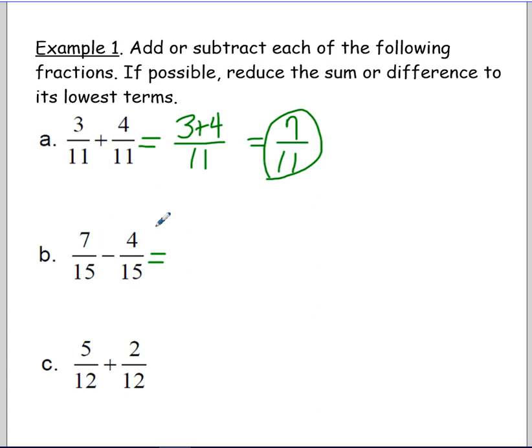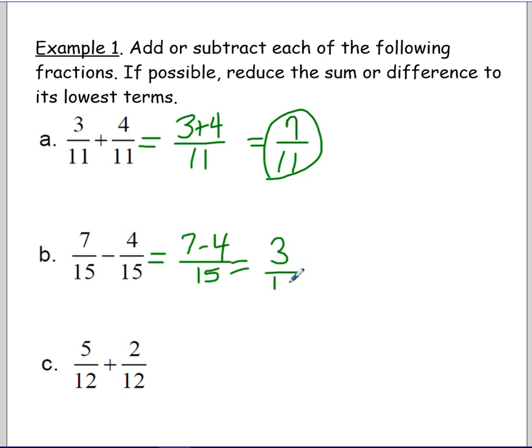For our second fraction set, we have 7/15 minus 4/15. So we need to do 7 minus 4 for our numerator over the common denominator of 15. 7 minus 4 is 3.